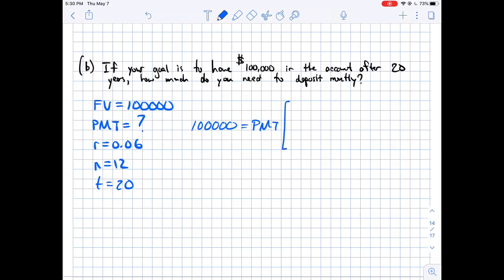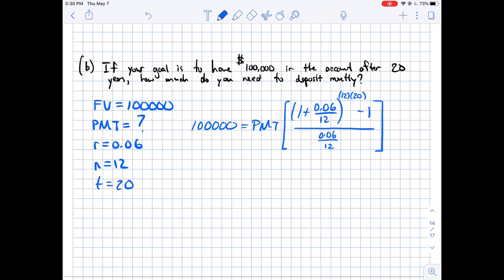And on the right, we're going to have 1 plus R over N to the power of NT minus 1 divided by R over N, so that's going to be here 0.06 over 12.